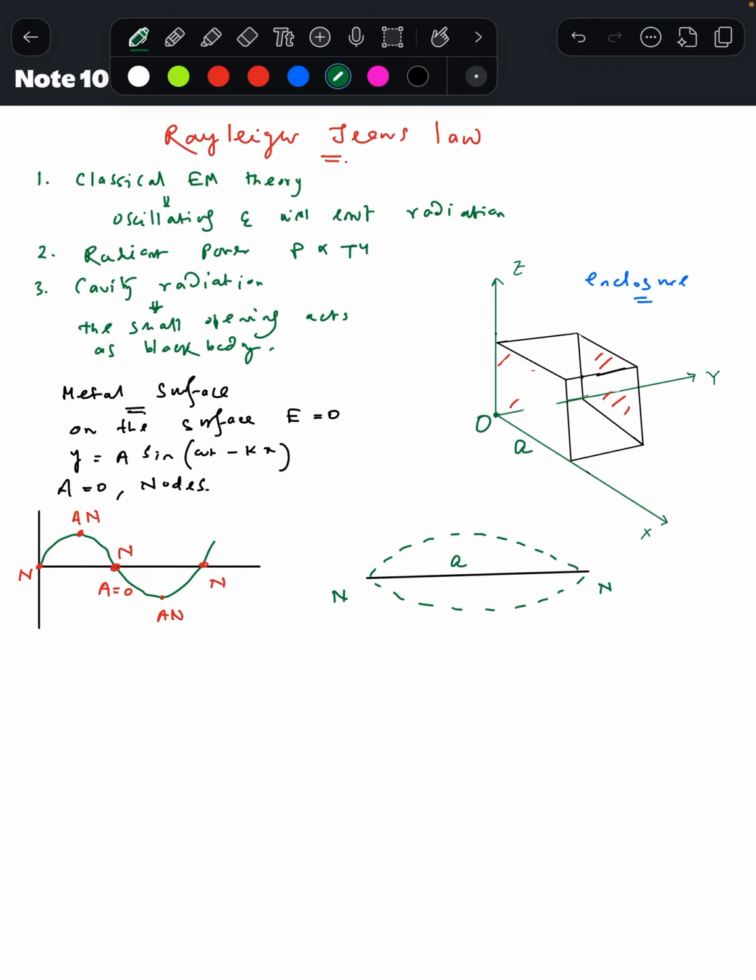When it is vibrating in a single loop, the node to node distance is lambda by 2.